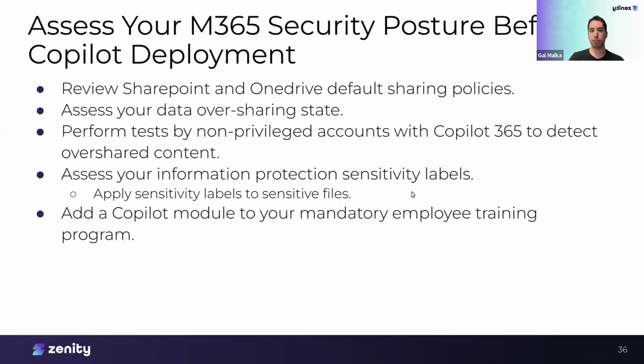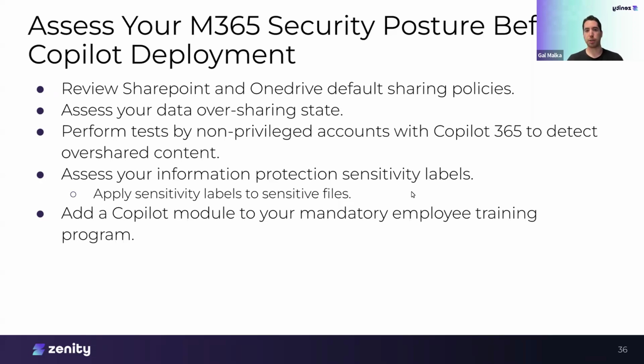We want to assess the overall data oversharing state, because we know that Copilots can leverage this in a bad manner. And one way to do it is by performing a set of tests over Copilot itself.